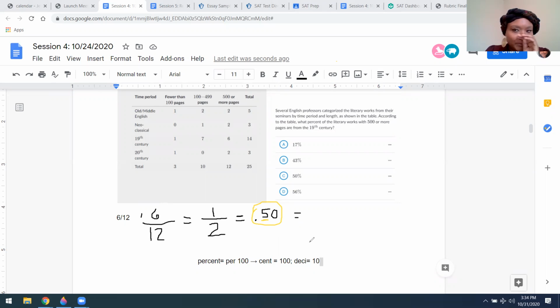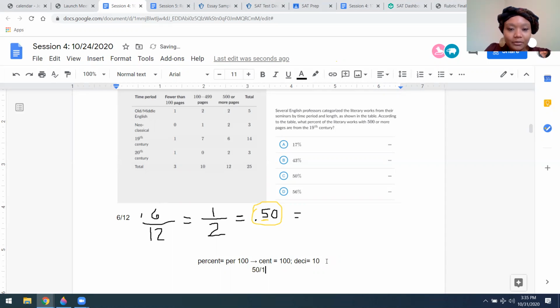When you look at this decimal number, which is 0.50, it's out of 100.